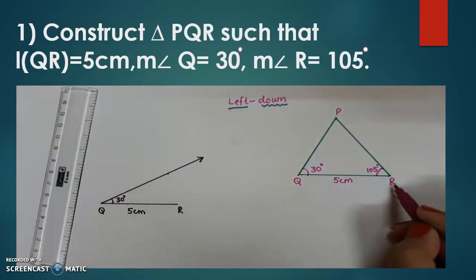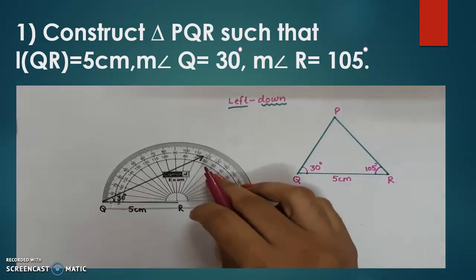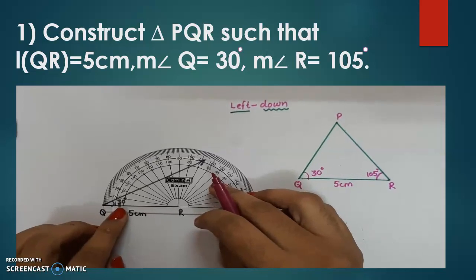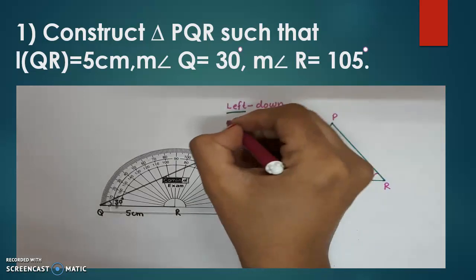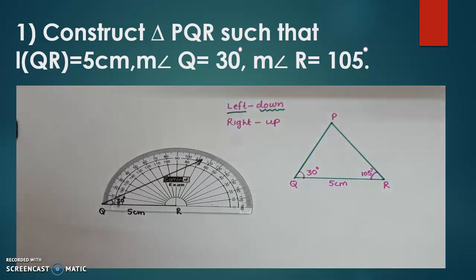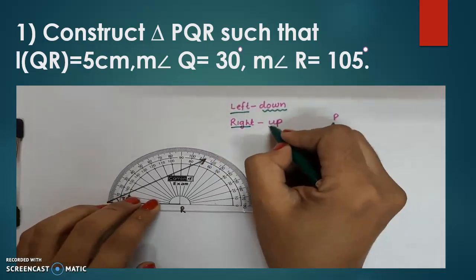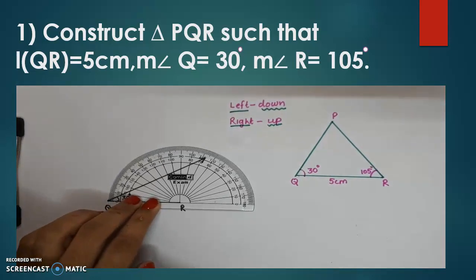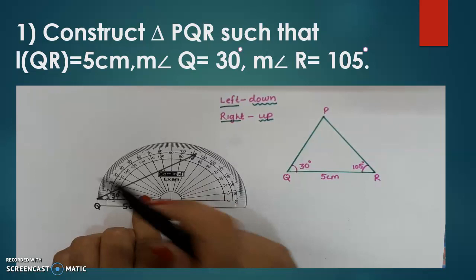Now we will start constructing angle R. For drawing angle R, we will see point R is towards which hand side? Right hand side. Right means we will see the numbers which are shown up. My vertex R is towards the right hand side, so I will see the numbers which are shown up, where we have 105.